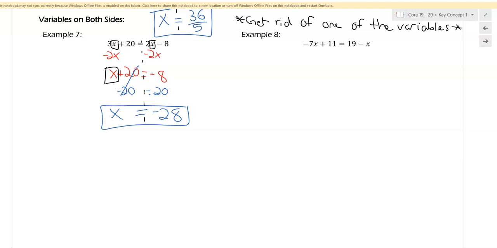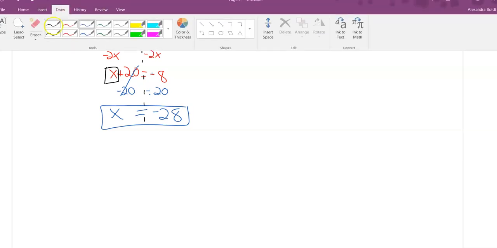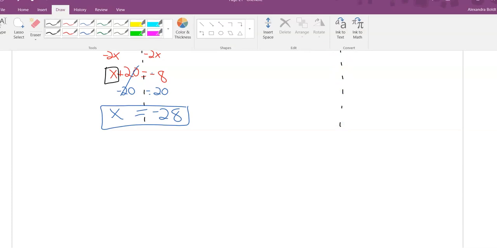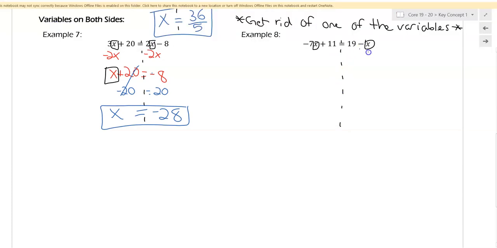Okay, so just getting rid of one of them is easy enough. Same thing here. I have a negative 7x and a negative x, or a minus x. So if I want to get rid of the one on the right, I'm going to get rid of this minus x. The opposite of subtracting x is adding x.